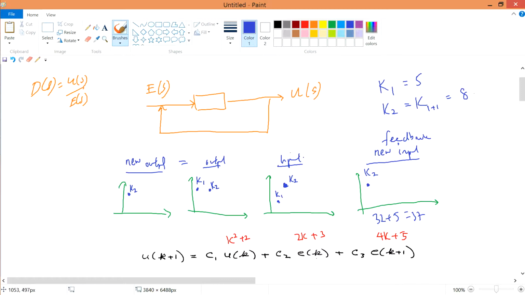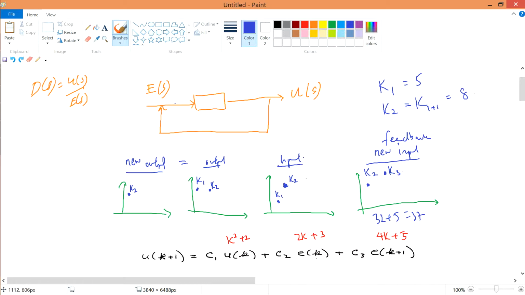So if I input k3 now, or for example I should continue. If I input k2 in this case, I'm going to output a k2, which is this one, right? And then I'm going to feed it back in, and I'll create a new point k3. Correct? k3 is the new input.